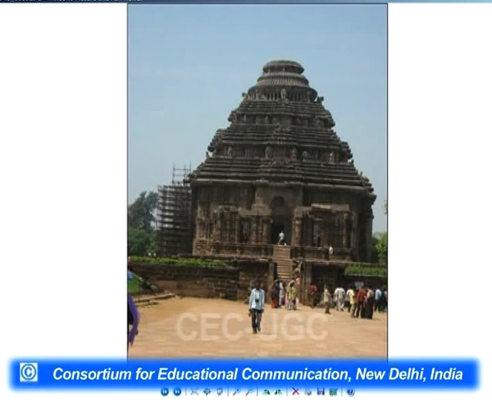We will see other figures which actually represent the Madhyadeshiya Prasad, means the temple which was made in Middle Ganga plain, or the temples which were actually made in the region of Uttar Pradesh, some parts of Bihar, Madhya Pradesh and Rajasthan.